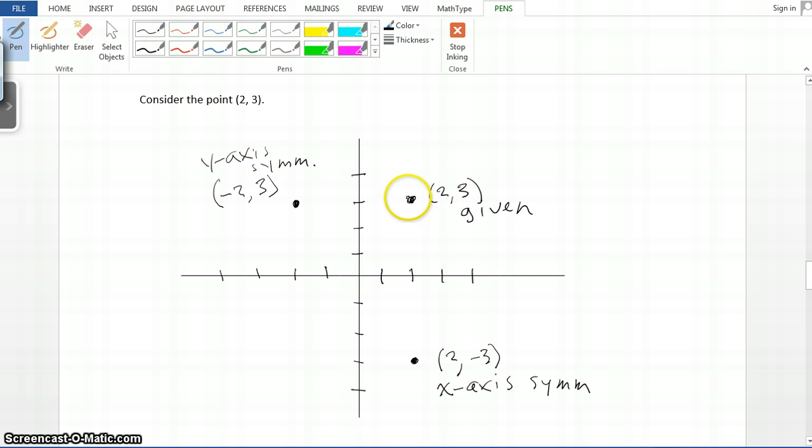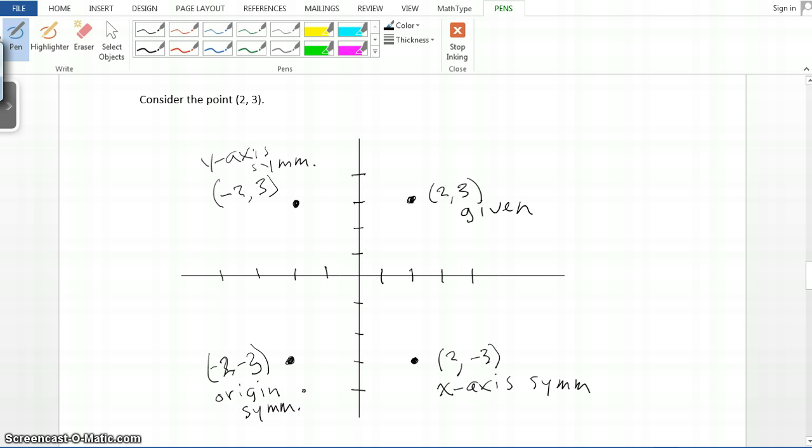So let's go back to the given point, reflect it straight through the origin, go the same distance on the other side, and you will end up way down here at -2, comma -3. Alright, that one's origin symmetry.